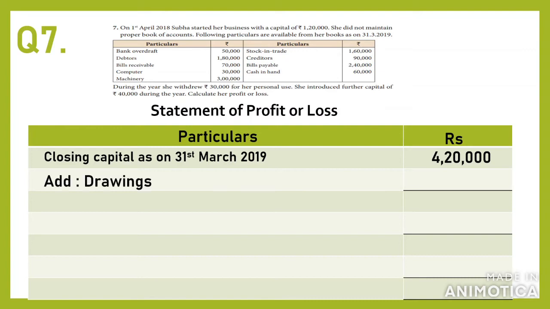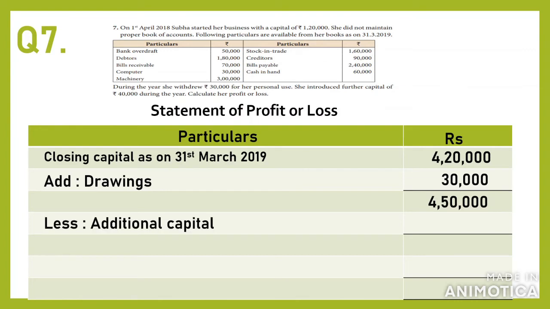And now drawings. How much she withdrew? 30,000. So you have to add 30,000 to this and you get 4.5 lakhs. To this, you have to reduce any additional capital if it was introduced during the year. And there has been 40,000 of additional capital that Shobha has introduced.